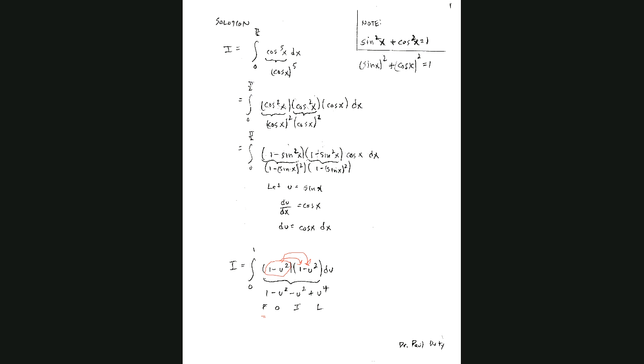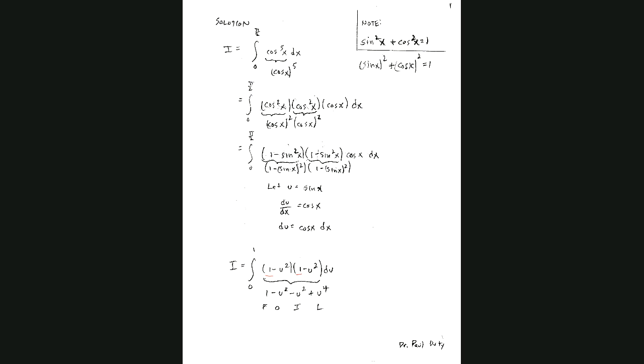FOIL means first, outer, inner, last. Oh, okay, I got it now. Thank you. I'm sorry for my dumb question. No problem. There are no bad questions. It's a good question.